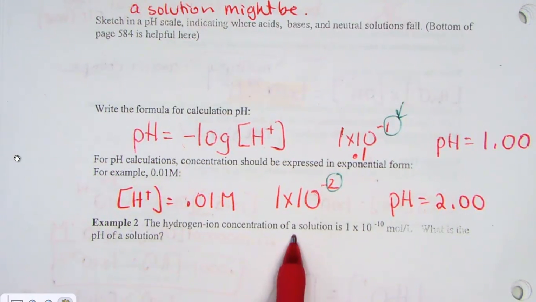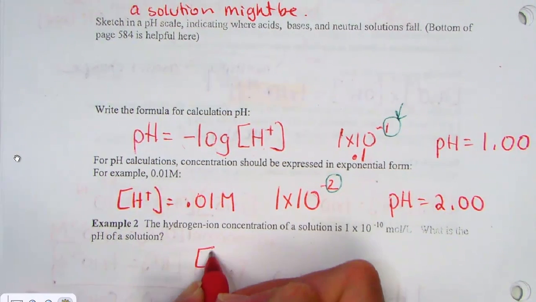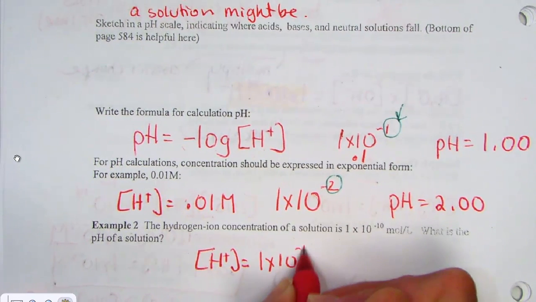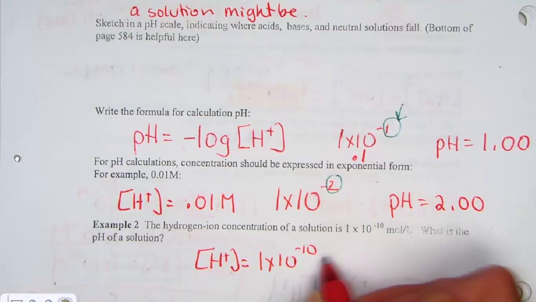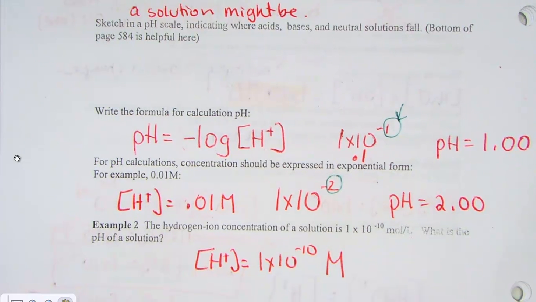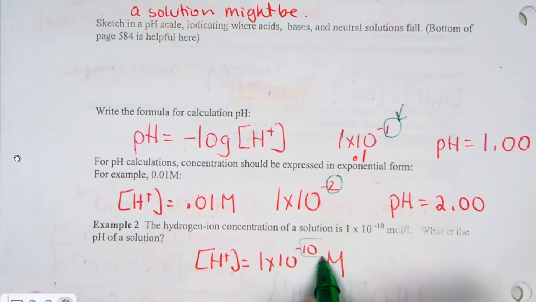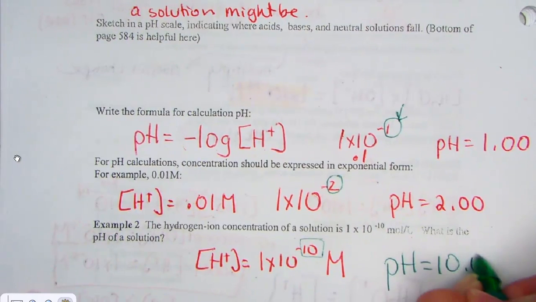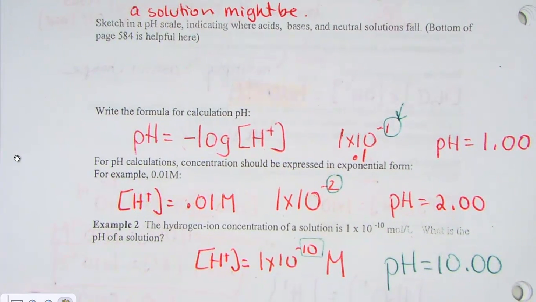Suppose we have a hydrogen ion concentration, that's H+, equal to 1 times 10 to the negative 10th moles per liter. That's another way of writing big M, molarity. What's the pH of our solution? And again, if I have 1 as the base, 1 times 10 to the, I can simply look at the power here and recognize the pH of our solution to be 10.00.